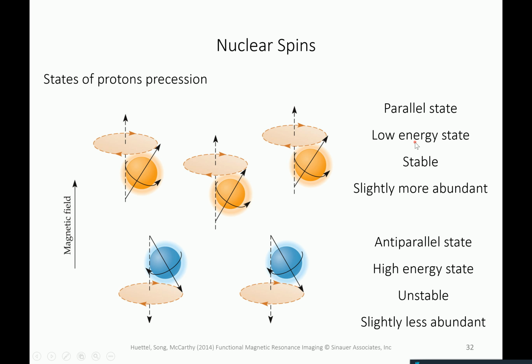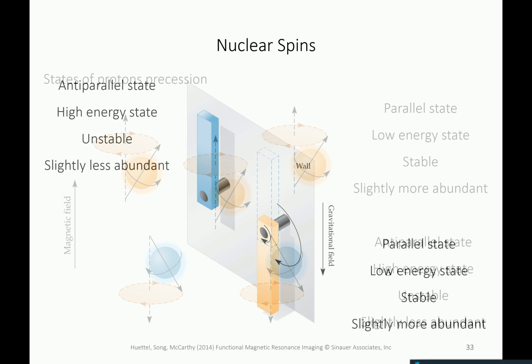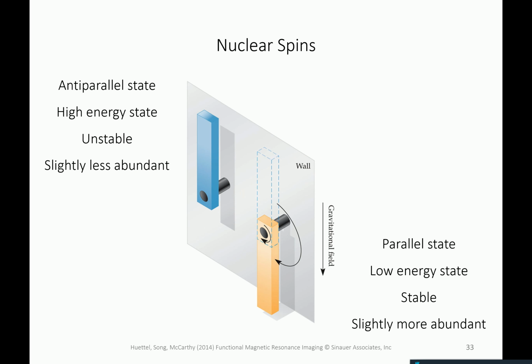It's the low energy state, and it's more stable and hence slightly more abundant, while this anti-parallel state is a high energy state, hence unstable and slightly less abundant. So that there is a net surplus or a net magnetic field generated by these parallel state little magnets, nuclear magnets. So how can one appreciate that?